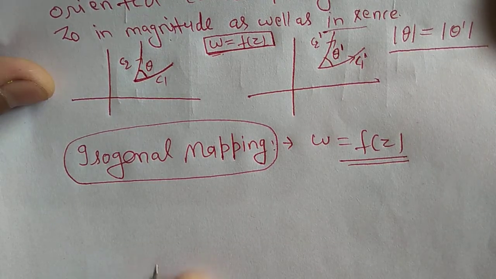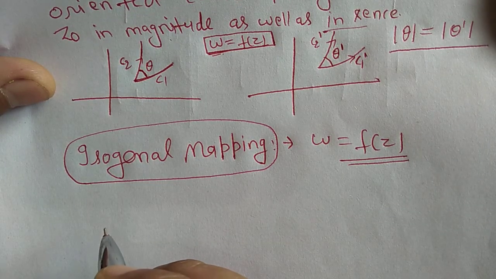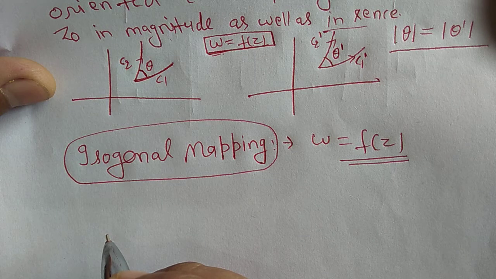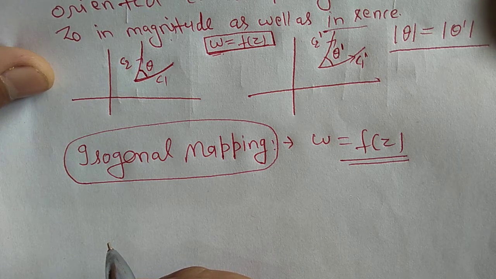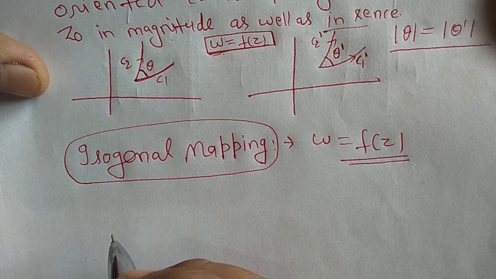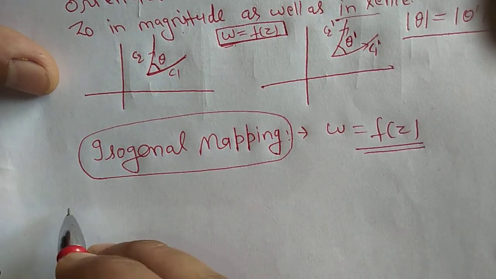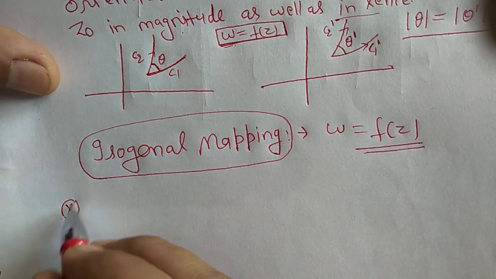A mapping w equal to f of z is conformal at the point z0 if it is analytic at z0 and f dash z0 not equal to 0. So this is one result we have.